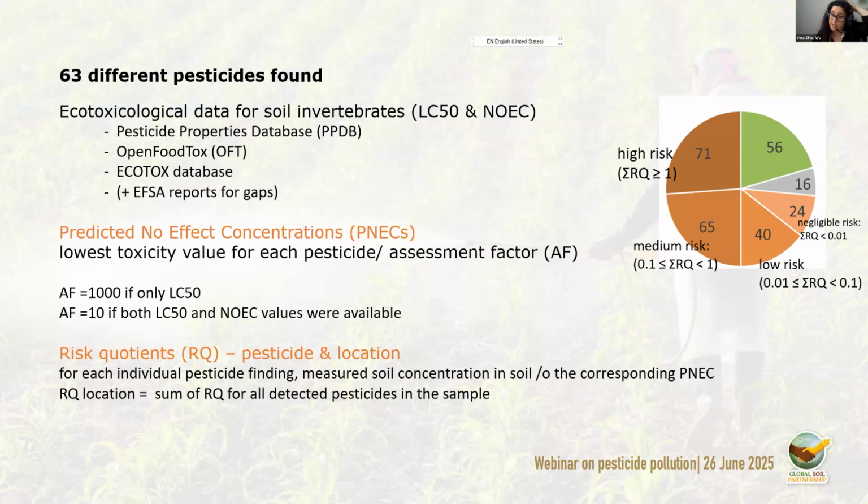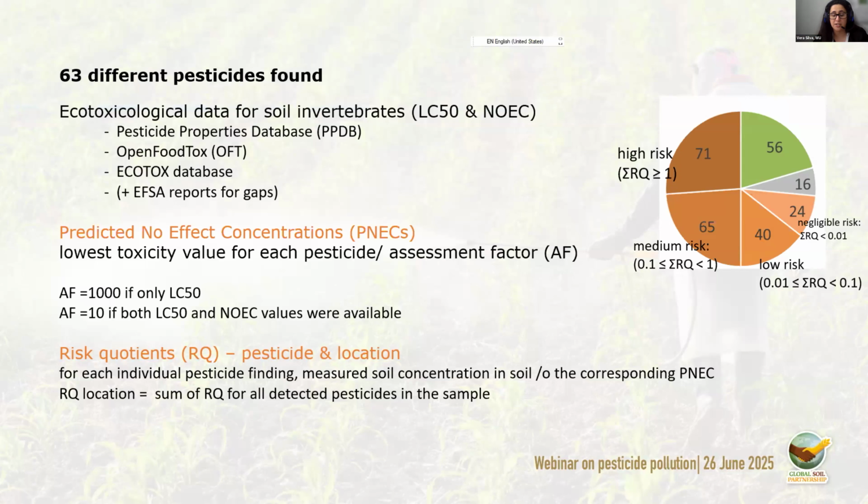From these, we calculated PNEC, predicted no-effect concentrations. We accounted for uncertainty via assessment factors, and then we derived risk quotients for the pesticides, and then for the location, by summing up the quotients of all the pesticides present in the location.